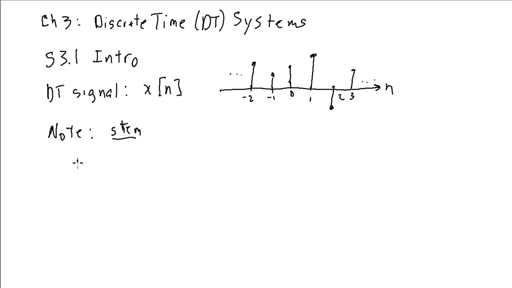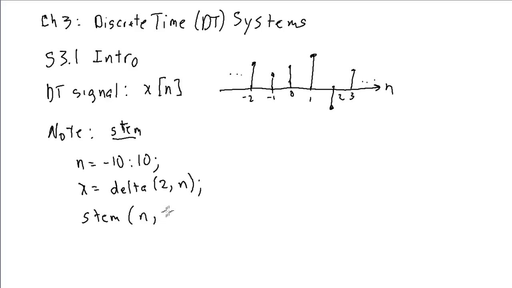So, for example, if I define an n vector as going from minus 10 to 10, and then I can define a discrete time signal, I can still use my delta functions that I've used in the past. A delta 2 would be a ramp. And then I can plot this sequence like this. Here's the argument, and then here's the corresponding array.